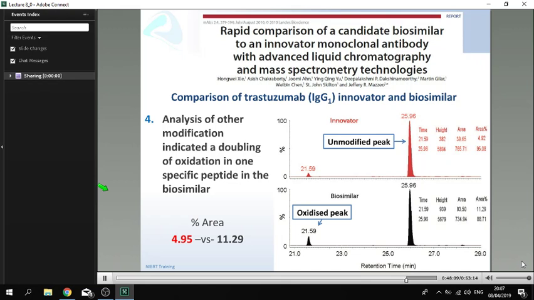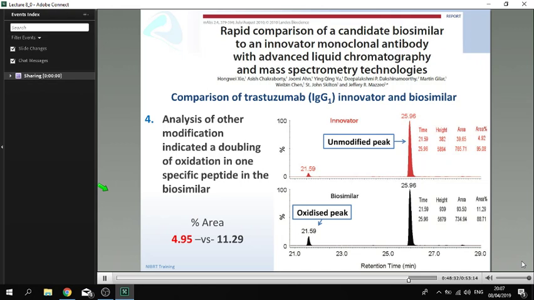And another thing that they looked at was modifications on amino acids. On an amino acid level, they saw that the innovator and biosimilar actually have slightly different amounts of oxidized amino acids present.